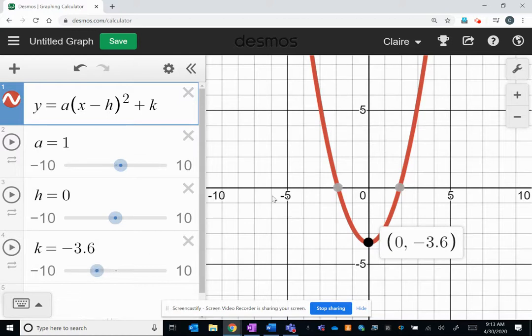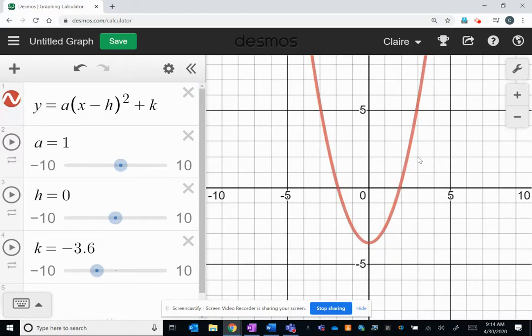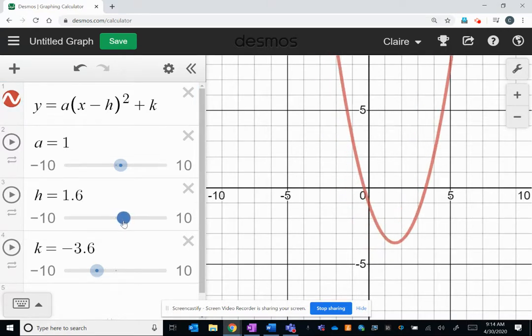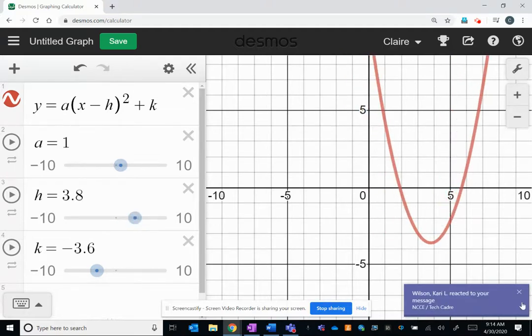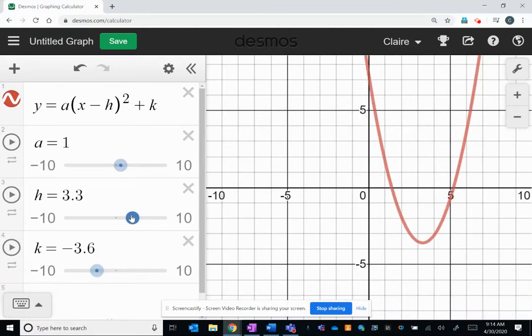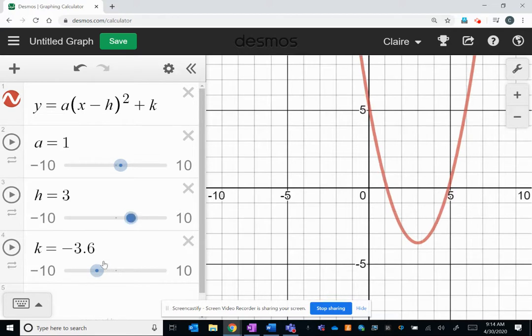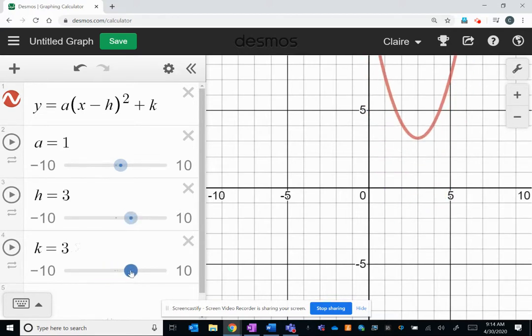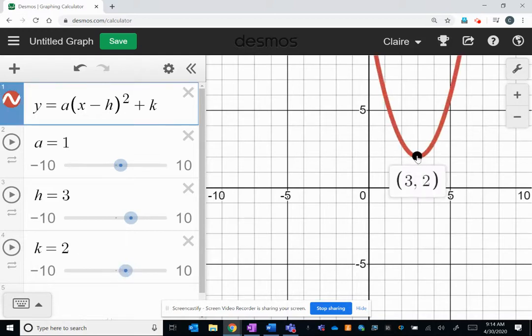Now, what if I wanted to make my vertex over here at, let's say, the coordinate point 3, 2? Well, if I move my h value to 3, and my k value to 2, almost, there we go. Now my vertex is exactly where I said I wanted it to be.